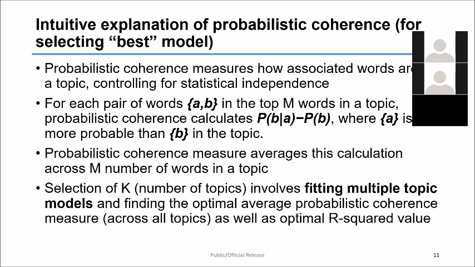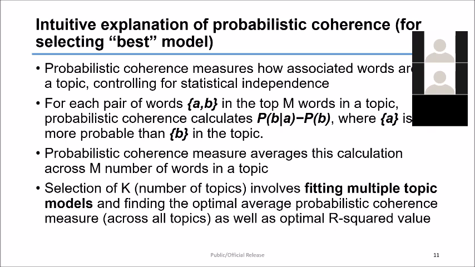So probabilistic coherence is kind of how coherent is the topic that you are getting out of your model based on the words that are assigned to the topic. So the logic is, say you have a pair of words A and B, the top 2 words in a topic.